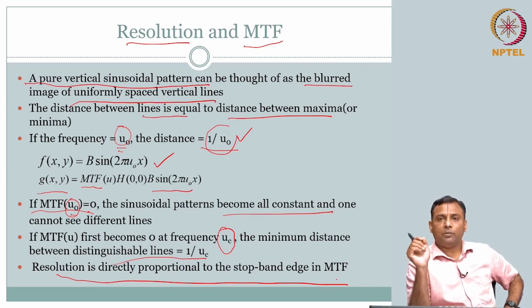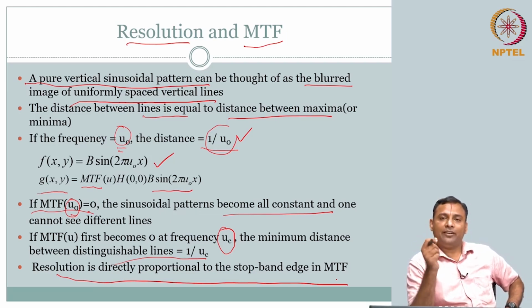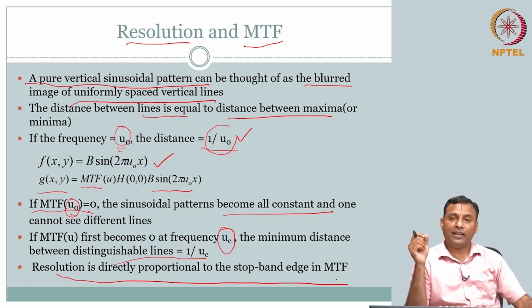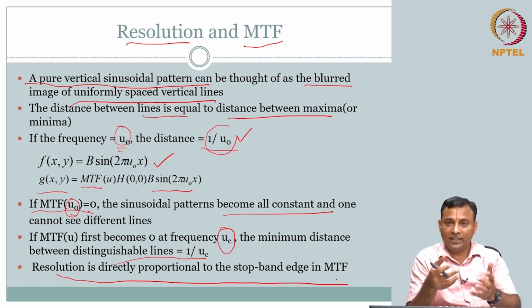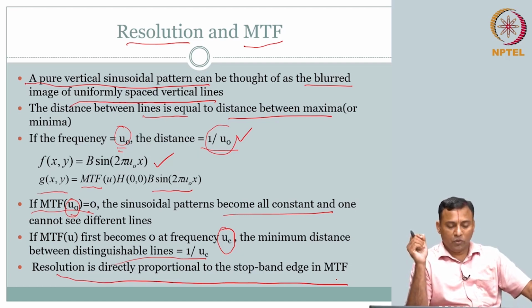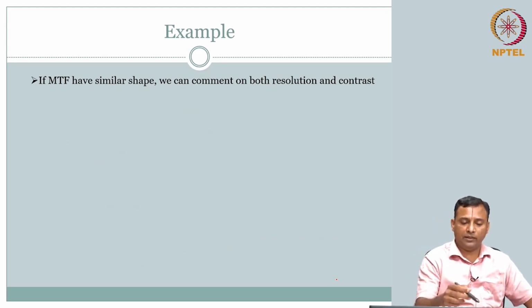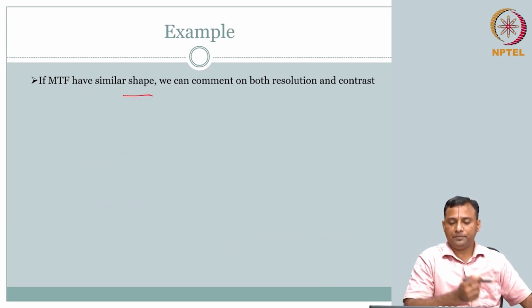That is not a problem. The complication in all real practical systems is that you are not going to gain anything in absolute terms. If you gain something somewhere, you have to compromise somewhere else, amongst the image quality metrics. So you don't really have much problem if the MTFs have similar shape.